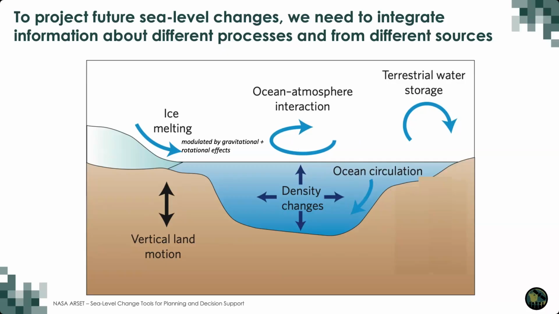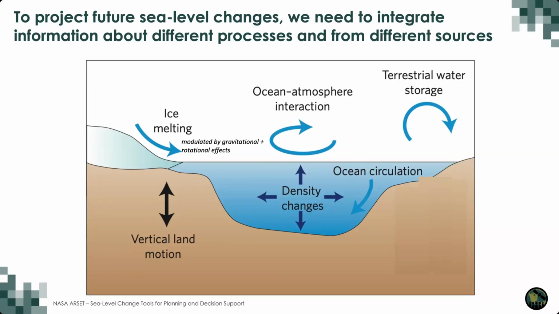And then there's also a contribution there from the change in the amount of water stored on land, both stored naturally through fluctuations in things like the size of inland lakes, but also artificially through things like dam construction, which holds back water that might otherwise flow into the ocean, and groundwater pumping, which removes water that was stored in the ground, allowing some portion of it to flow into the ocean.